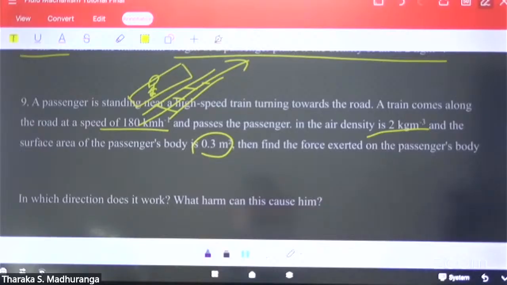I got the pressure difference at least. Okay, you need to calculate it the same as the previous pressure difference.